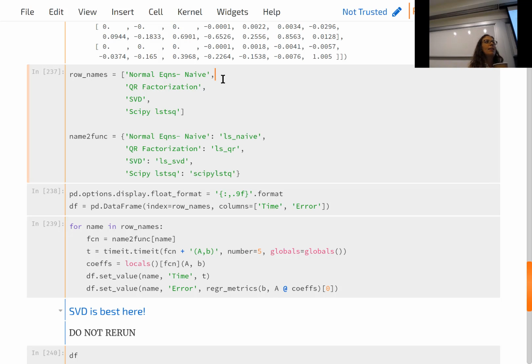No. Cholesky entails coming up with a triangular matrix which times its transpose equals A transpose A. I just briefly mentioned this. The Cholesky factorization is only guaranteed to exist if the matrix is positive definite.